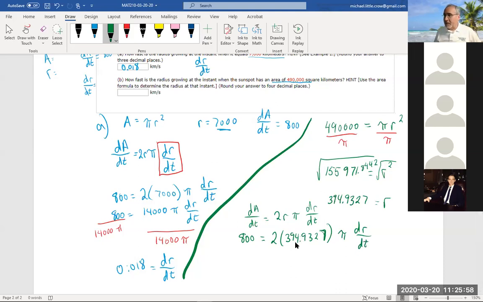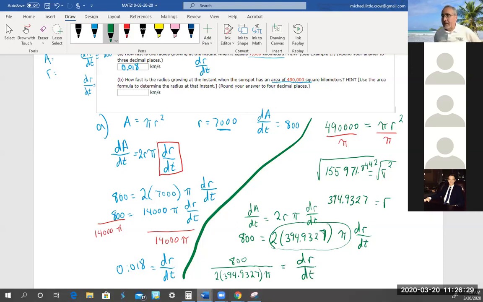And so we're going to take 800 divided by this whole part here, right? I think it will be better to put it all in the calculator at one time. That will give us dr/dt.